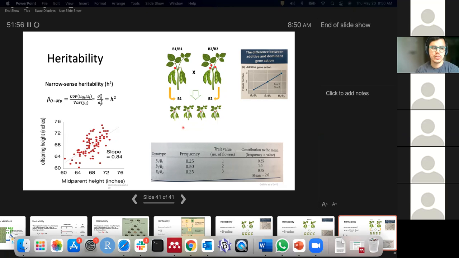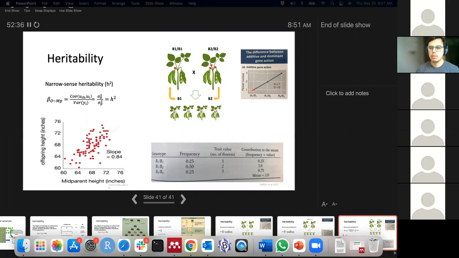That is a wonderful question, and this is the simplest scenario. Yeah, you are right. If you have the mid-parent value, the slope of that regression, if you regress the offspring on the mid-parent value, is going to be equal to the narrow sense heritability, and that makes sense because in an additive model, the offspring should be in the middle of both parents, as we have here in this graphic.